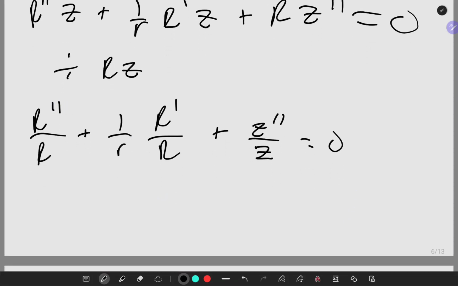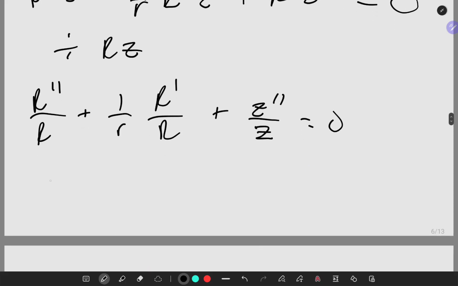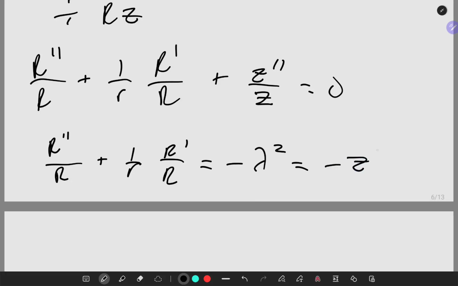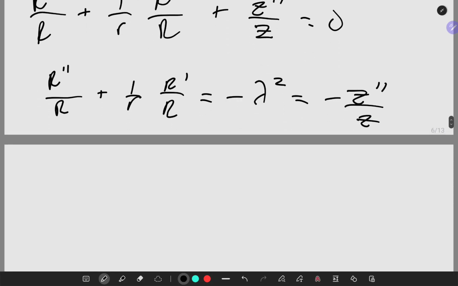Okay, so now we can move the Z's over. That is equal to our separation constant, which will be this for some reason that we don't know. This is what we have to use. So then we have negative Z double prime over Z. Let's see, we have our two equations here, right?